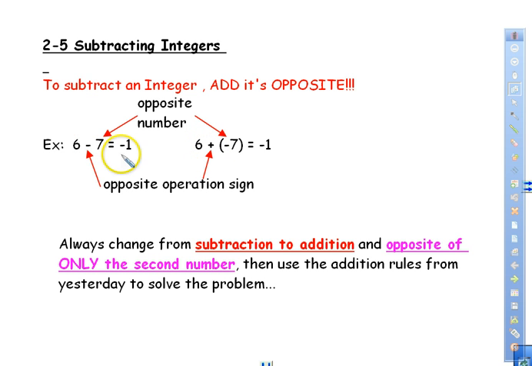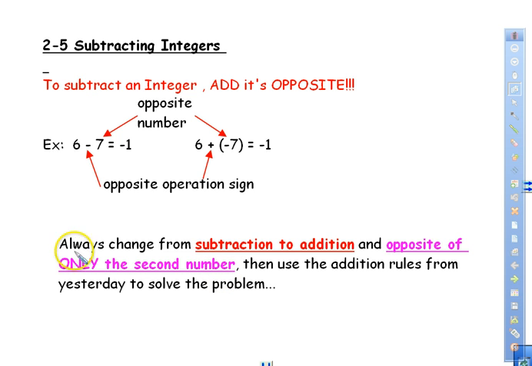So instead of subtracting, we're now adding, and then the opposite number. So since it's a +7, it is now a -7. Okay? So always change from subtraction to addition, and opposite of only the second number.